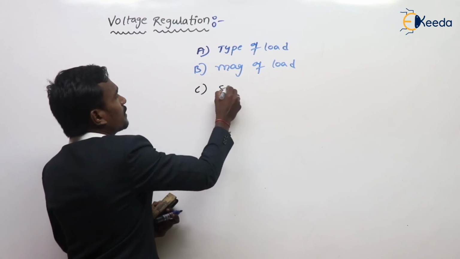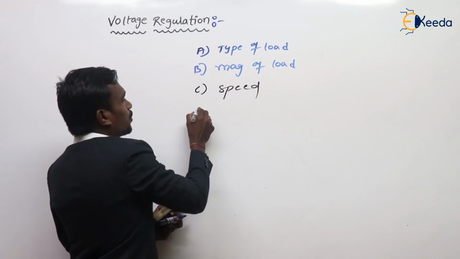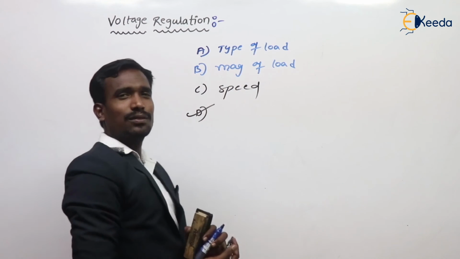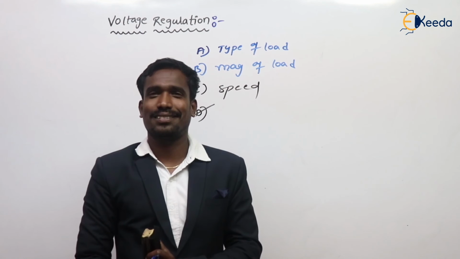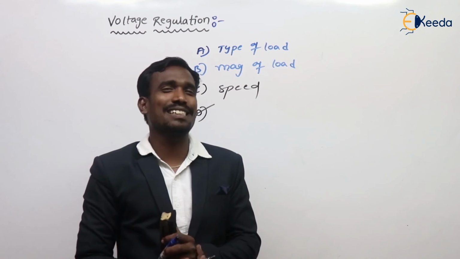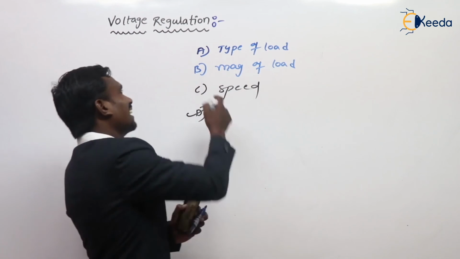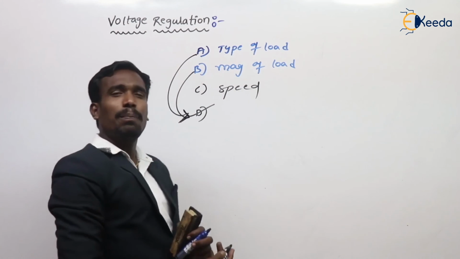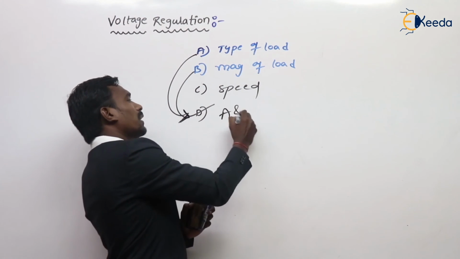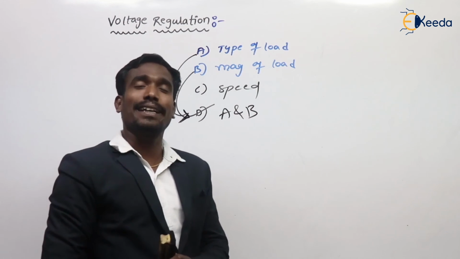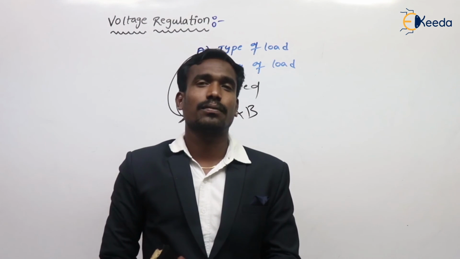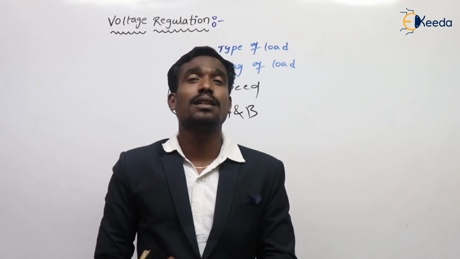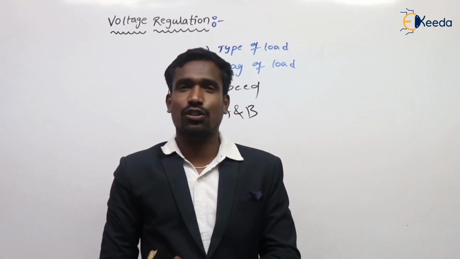Option C, speed. Option D, both type of load and magnitude of load. The voltage regulation depends on type of load and magnitude of load, but is independent of speed, same as armature reaction.